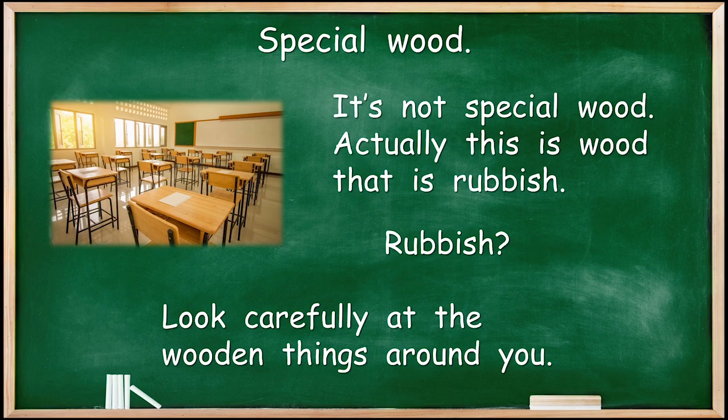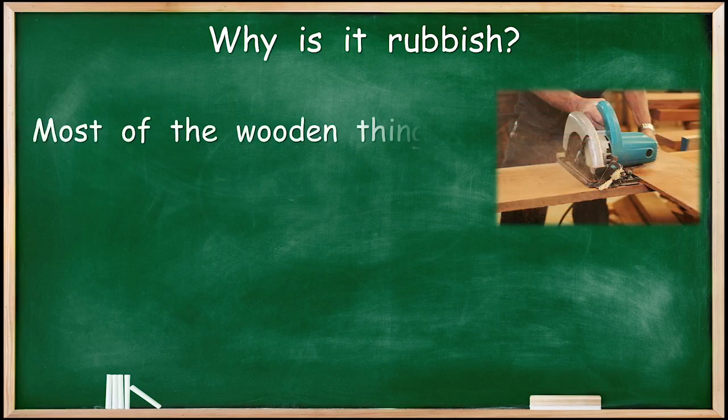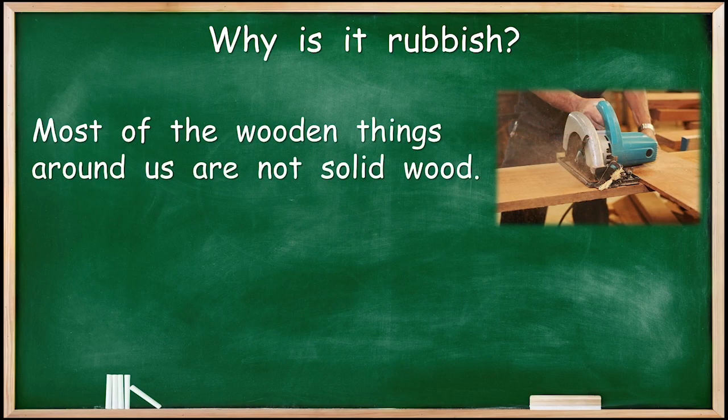Have a look now. Why is it rubbish? Well, most of the wooden things around us are not solid wood. That means they're not made of just one piece of wood.